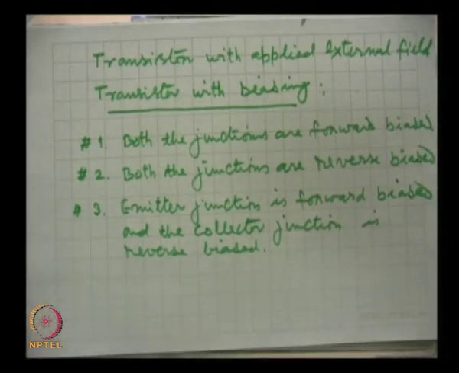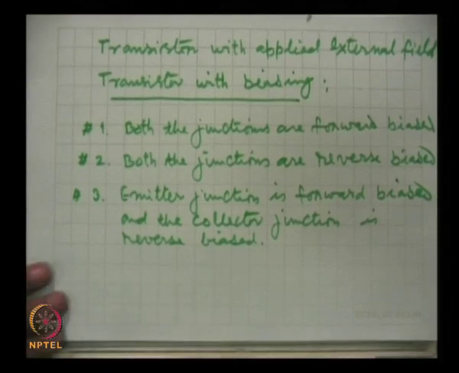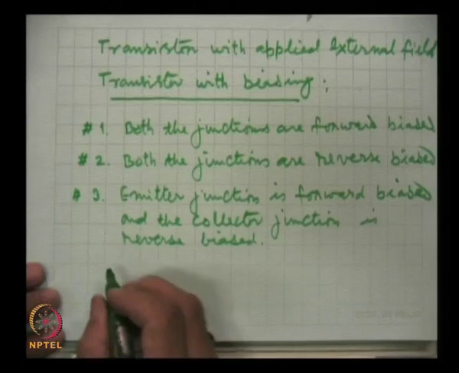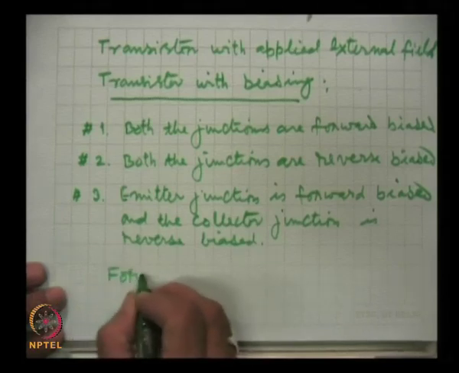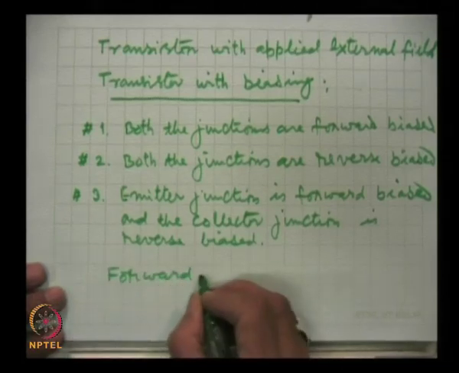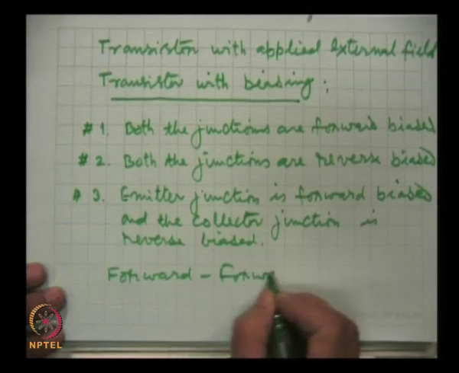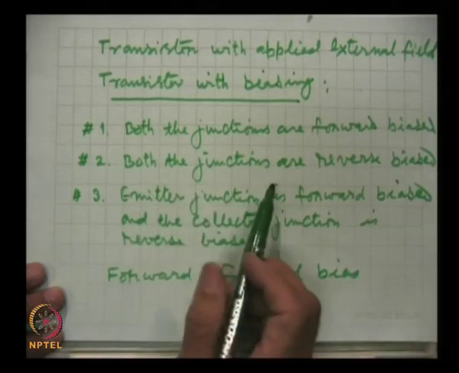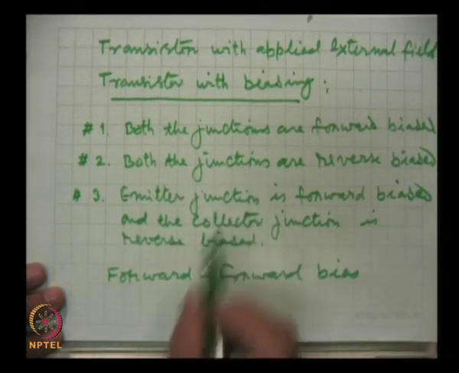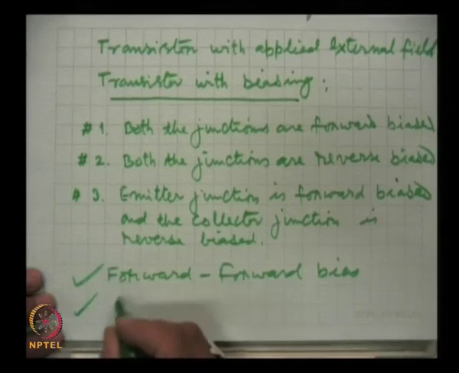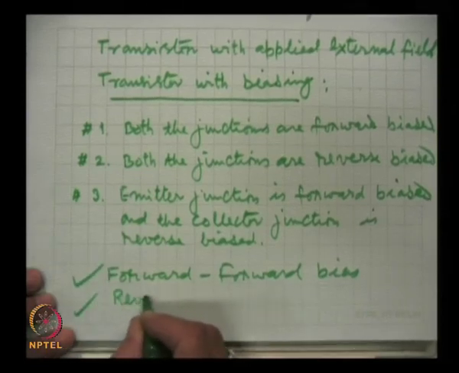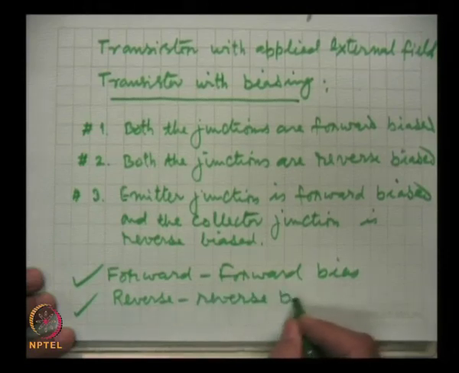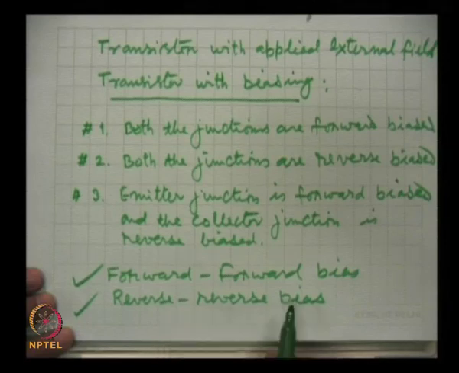These are the three schemes which we will be discussing. When both the junctions are forward biased, this is also called forward bias. When both the junctions are reverse biased, this is also called reverse bias.